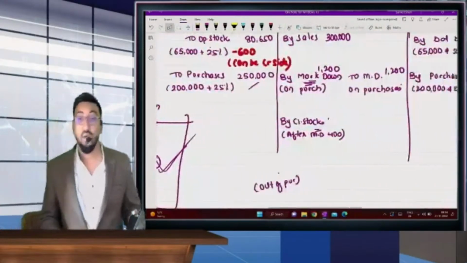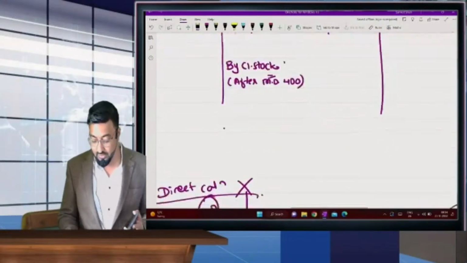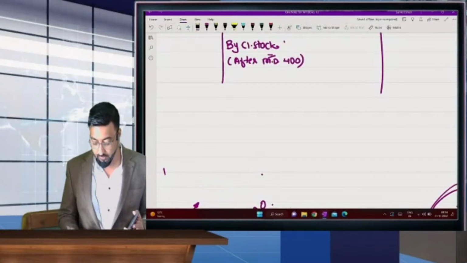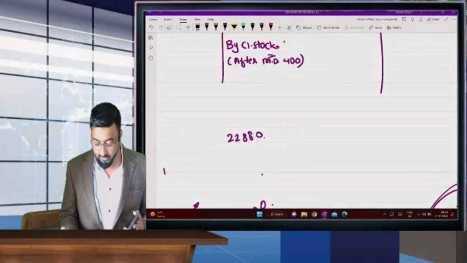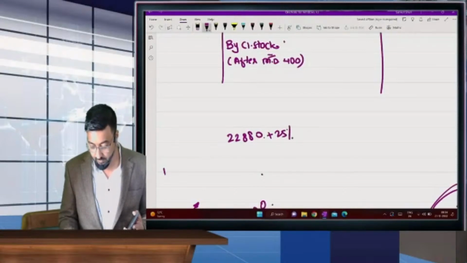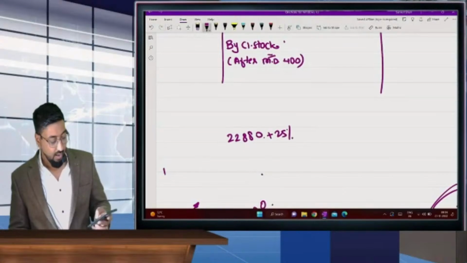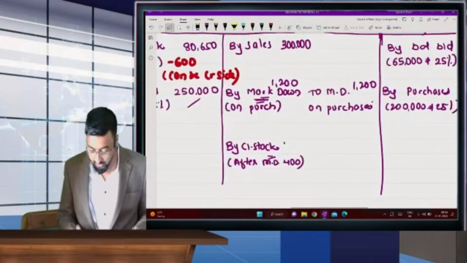Are you going to write 22,880 plus 25%? अरे एक तो लिखना ही रहेगा यहाँ हमारा.